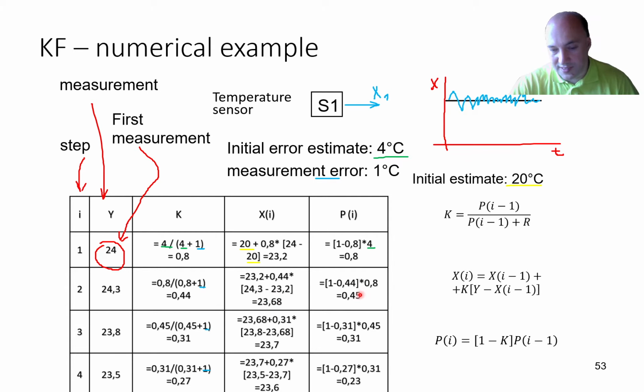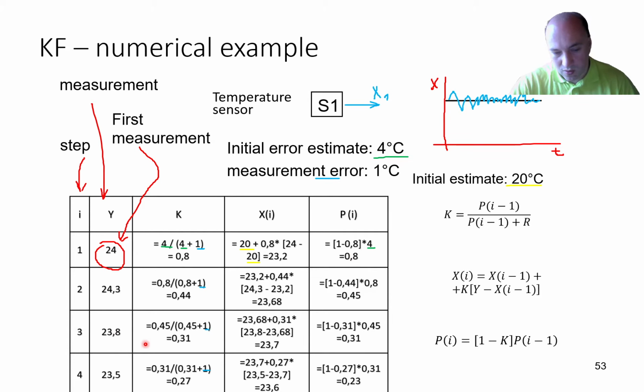And then the last step would be to calculate the prediction error, so 1 minus the Kalman gain, so this is 0.44, times 0.8, which is this value, the previous value of my error estimate, and this gives me 0.45.